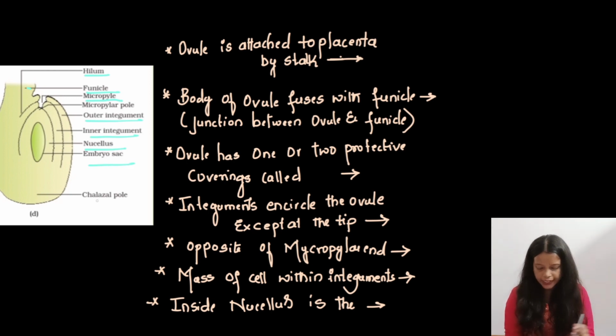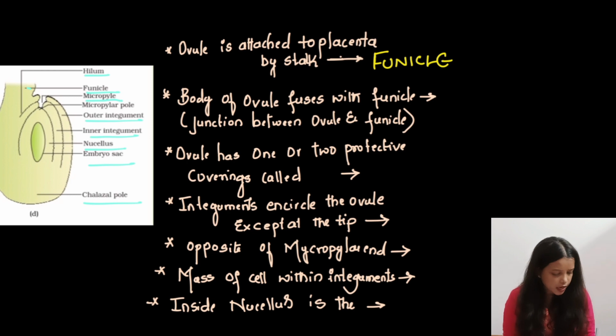So here is the explanation. Let's just glance at the explanation. First, ovule is attached to the placenta by the stalk known as funicle. Next, the body of ovule fuses with the funicle, and the junction between ovule and the funicle is hilum. Next, ovule has one or two protective coverings known as integuments.